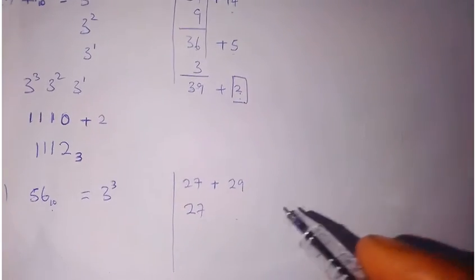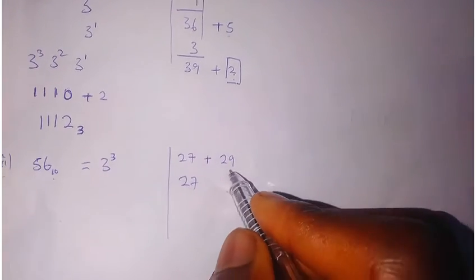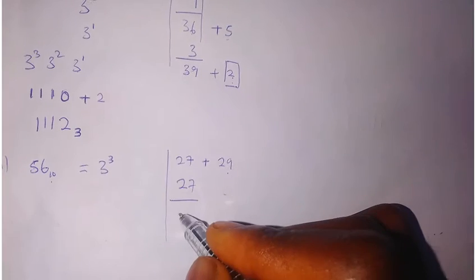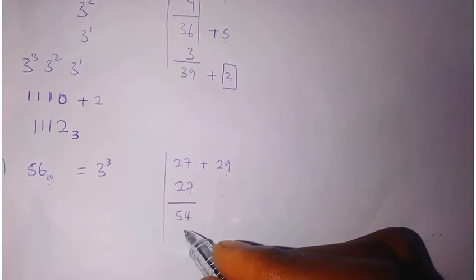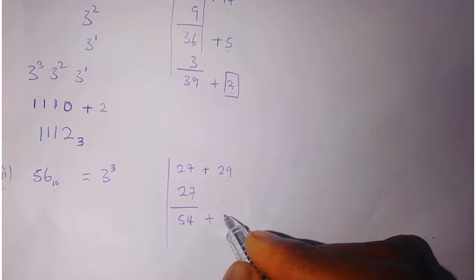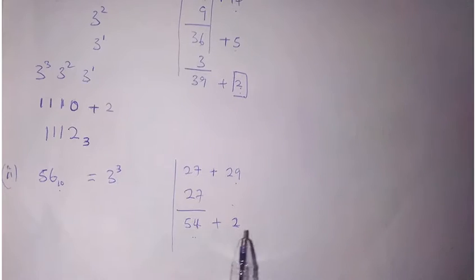What I'm trying to say is, because 3 raised to power 2 is never close by yet, I can still get another 3 raised to power 3. This is 54. 54 from 56 remains 2.